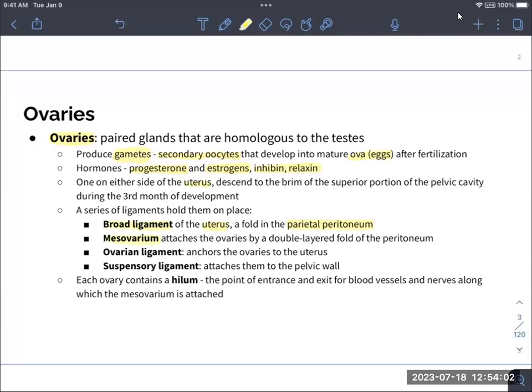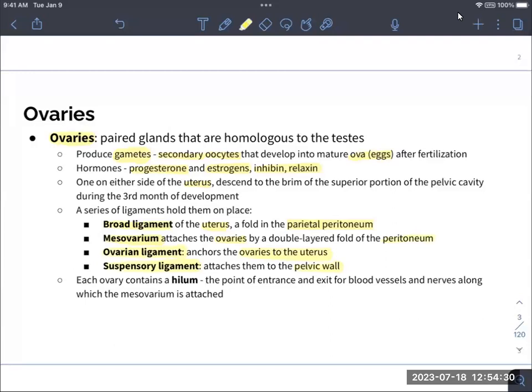The mesovarium is what attaches the ovaries to that peritoneum. The ovarian ligament holds those ovaries to that uterus. We have a suspensory ligament. This is what's going to help to hold these ovaries to the pelvic wall.